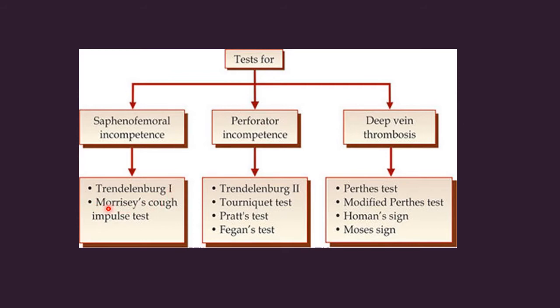Then you have Morrissey's cough impulse. In perforator incompetence, you have the Trendelenburg-2 test, tourniquet test, Pratt's test, and Fagan's test. In deep vein thrombosis, the tests involved are the Perthes test, modified Perthes test, Homan sign, and Moses sign. So there are a large number of tests available for patients with varicose veins.